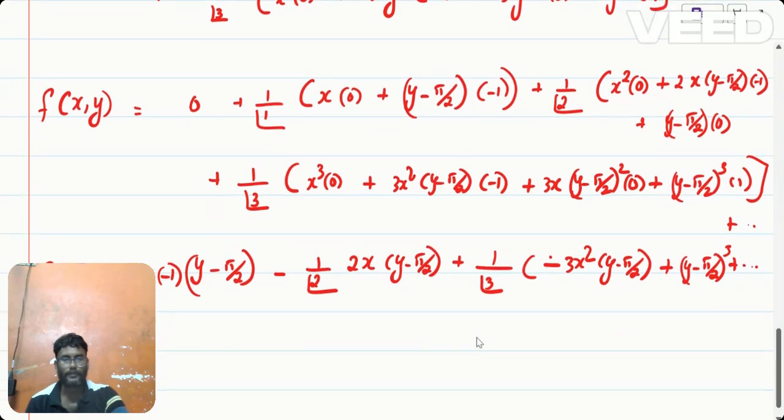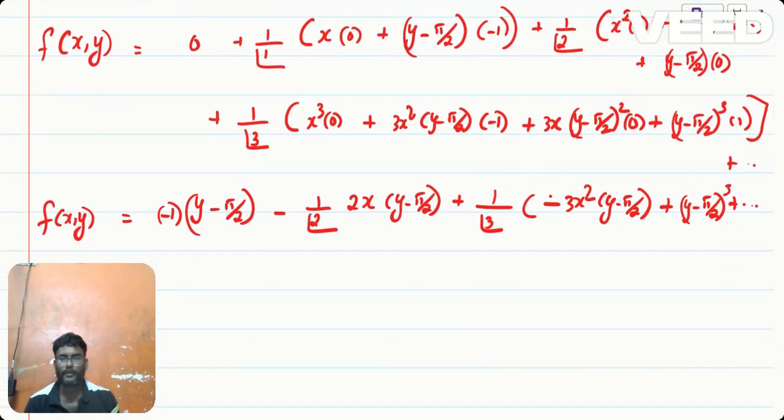so this is further if you want you can simplify it. So we will get minus y minus pi by 2 which is in the bracket and then minus and 2 to I can cancel it. So you'll get minus x y minus pi by 2 and 1 by 6. So minus was there.